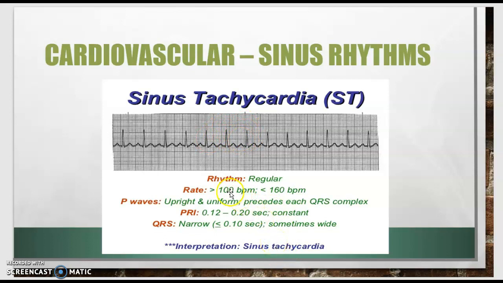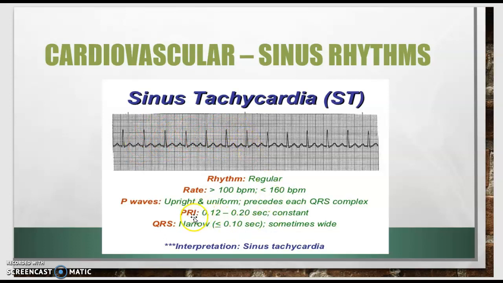Okay, so let's count our heart rate. 1, 2, 3, 4, 5, 6, 7, 8, 9, 10, 11, 12, 13. So we have a heart rate at 130. So it is between the 100 to 160. We're going to look at our P waves. Our P waves come at the same time and they march out.